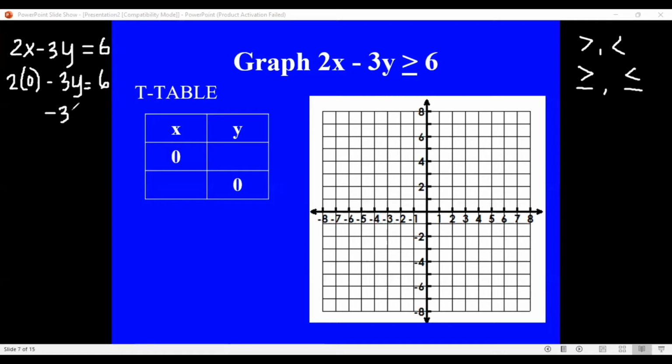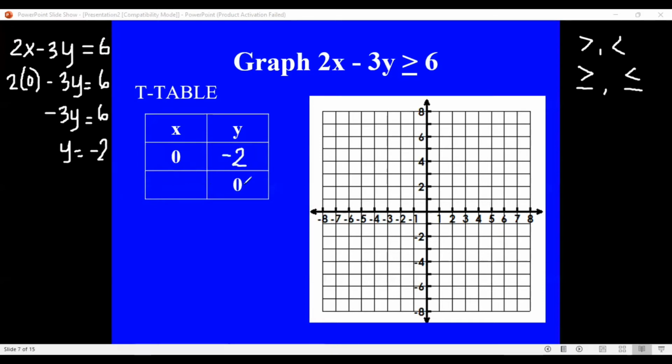We now have negative 3y is equal to 6, and dividing both sides of the equation by negative 3, we get y equal to negative 2. So the value of y is negative 2 if x is equal to 0.